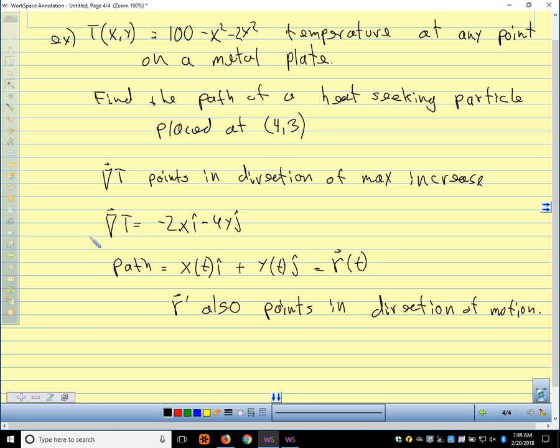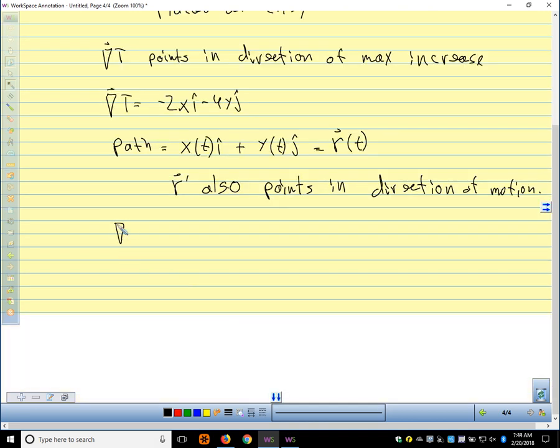Well, if del T and r prime are both pointing in the same direction, what can we say about them? They're probably equal. Not that they're equal, they're parallel. Del T and r prime are parallel. They're the next best thing to being equal.